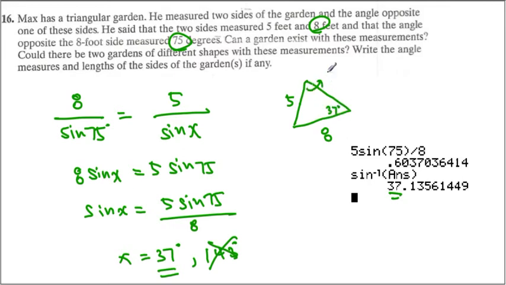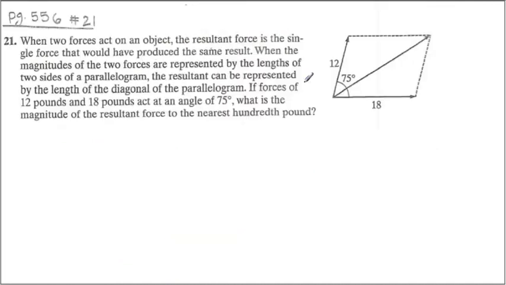The other one becomes 75 degrees. They add up to 112. So that makes the other angle here must be equal to 68 degrees. Those are the measures of all three angles.